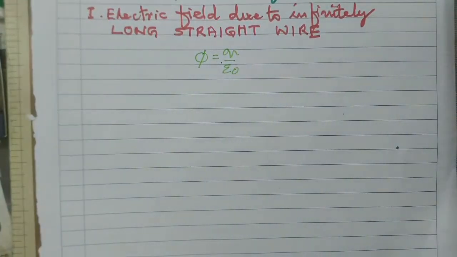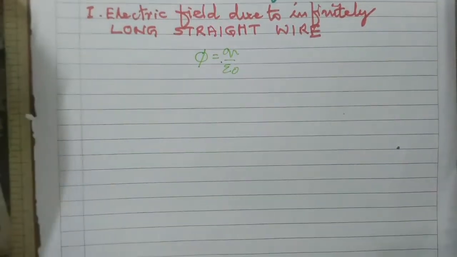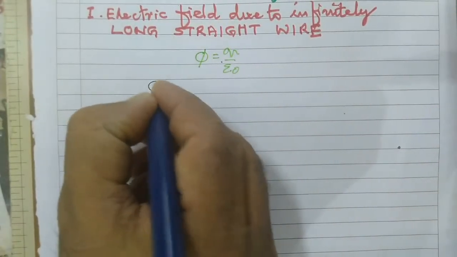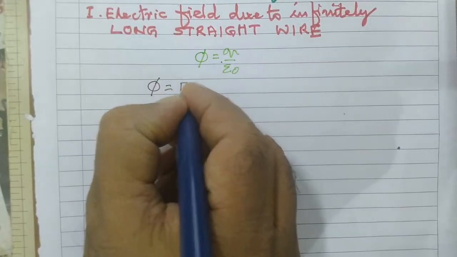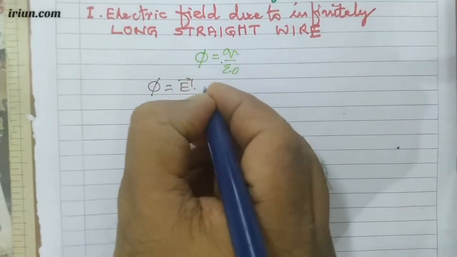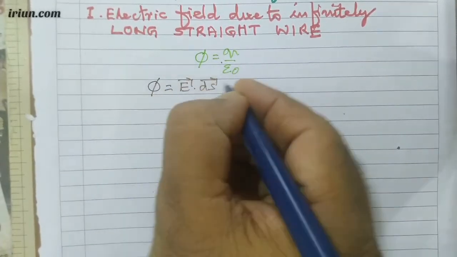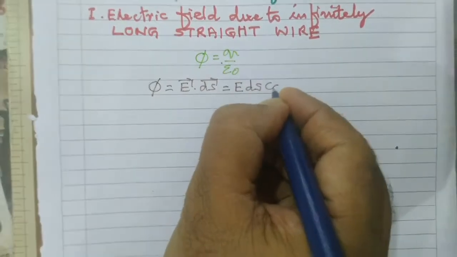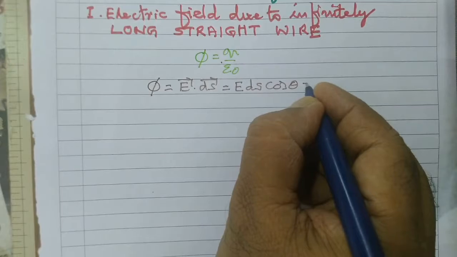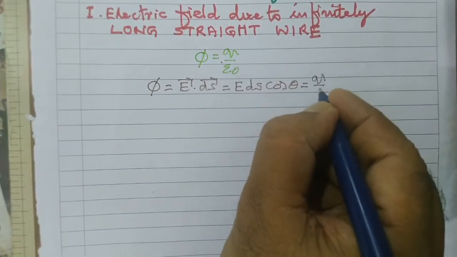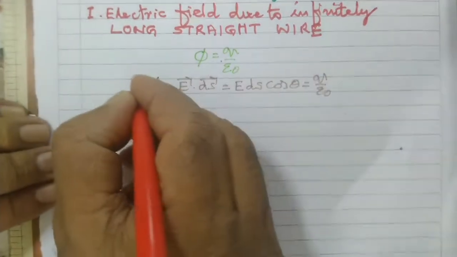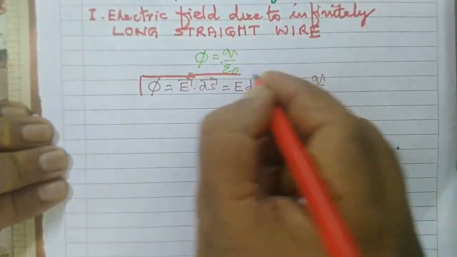Now, there is one more form: phi is equal to E bar dot ds bar, which is equal to E ds cos theta, which is equal to q by epsilon 0. This is the Gauss theorem expression in complete form.